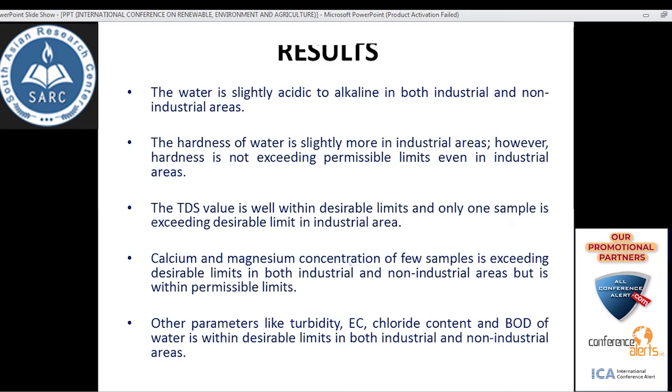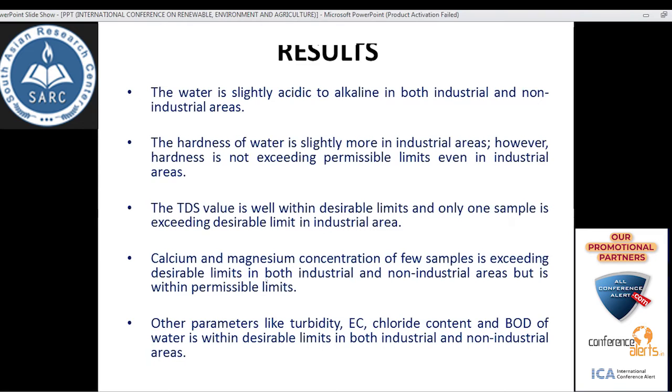Now, what were the results obtained from the research? First, water was found to be slightly acidic to alkaline in both industrial and non-industrial areas. Second, the hardness of water was slightly more in the industrial area, but hardness was not exceeding permissible limits even in industrial areas. Third, TDS value was found well within desirable limits, and only one sample in the industrial area exceeded desirable limits, but it was within permissible limits.